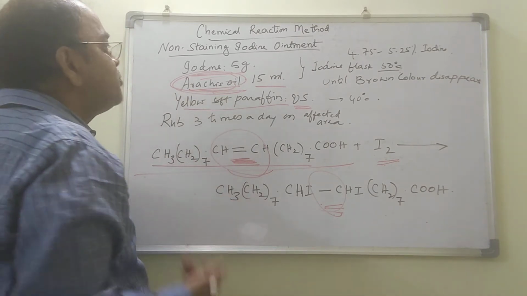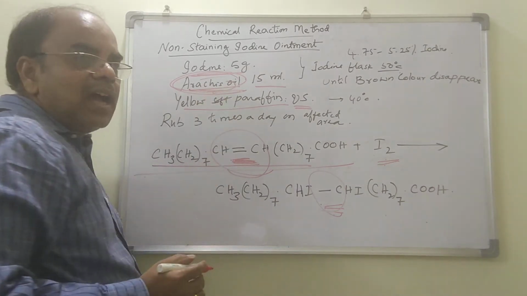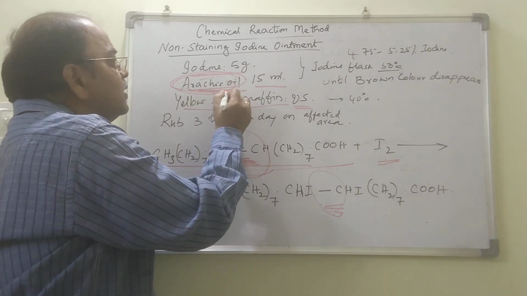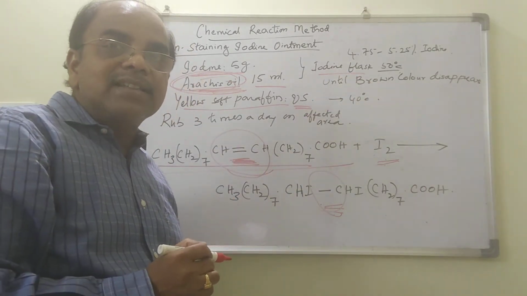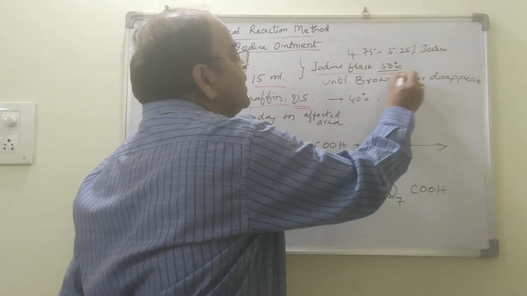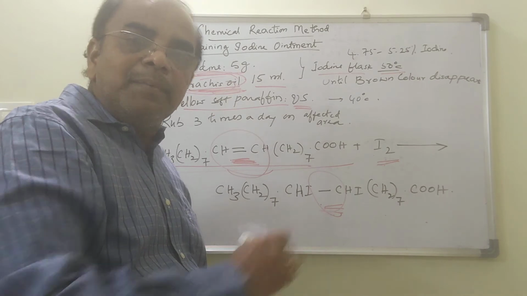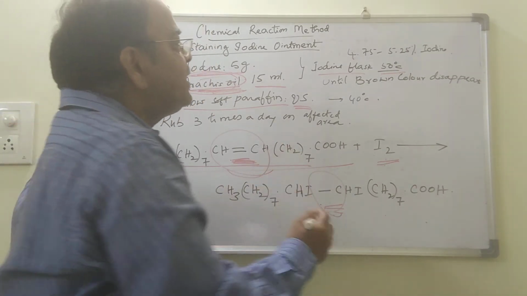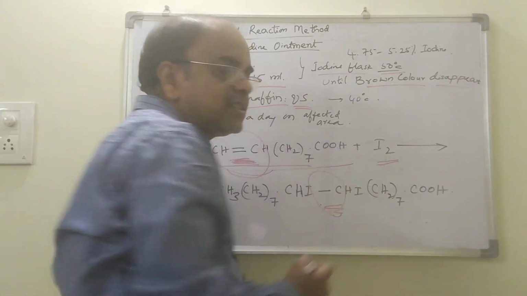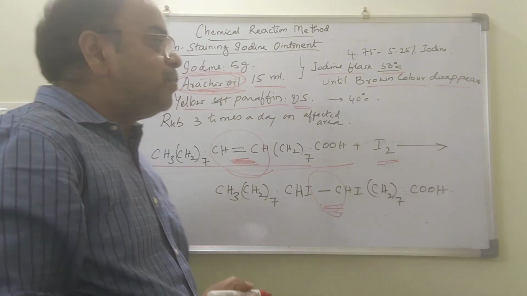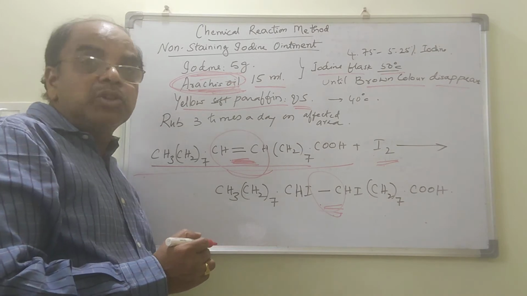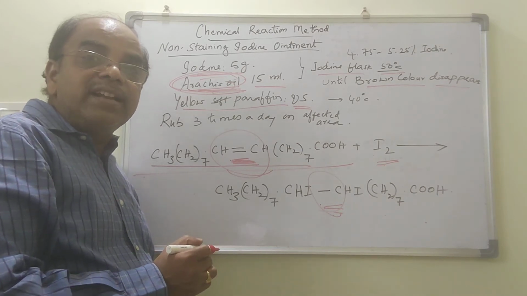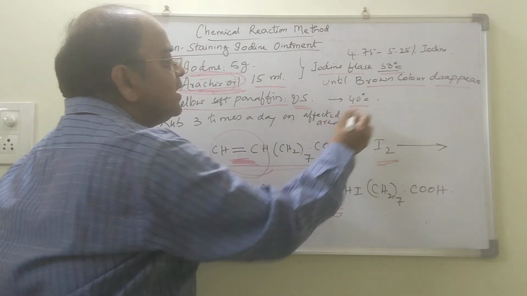Okay, how is it prepared? Take the iodine and the Arachis oil in an iodine flask. Keep it at 50 degrees centigrade. Mix it thoroughly until the brown color disappears. After that, you add the molten yellow soft paraffin which was heated to a temperature of 40 degrees centigrade.